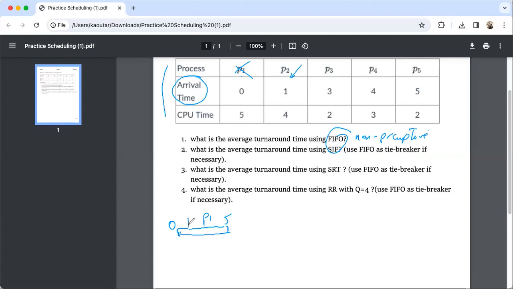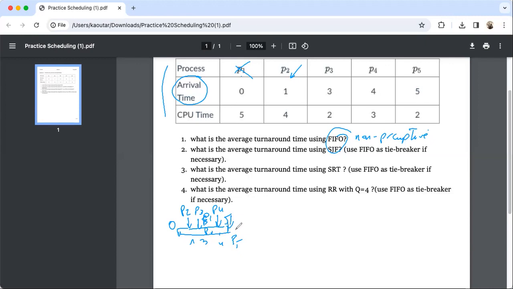And then at time 3, we got P3. And then at time 4, we have P4, and at time 5, we have P5. So by the time P1 is done executing, all of the other processes have already arrived to the ready queue. So now we can schedule them in the order that they arrived in.